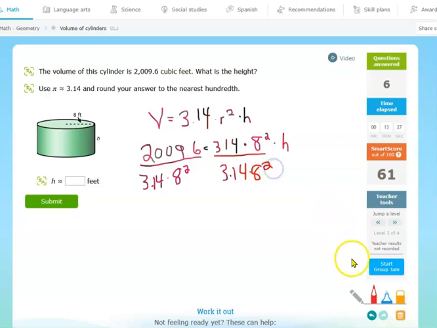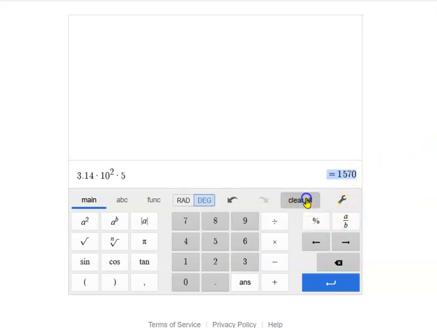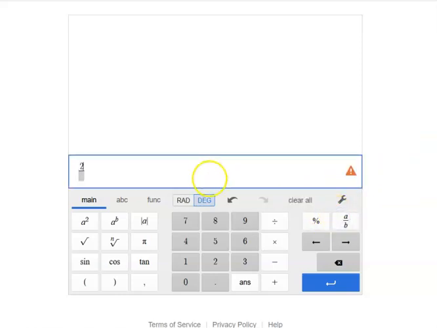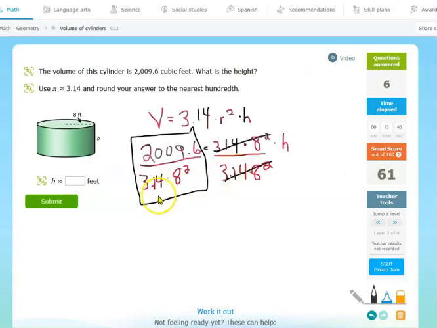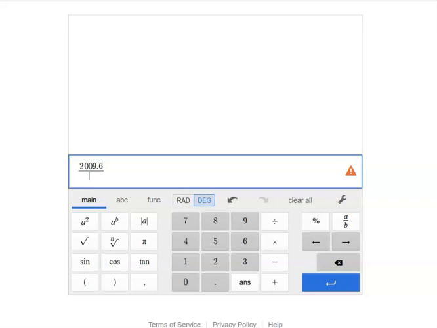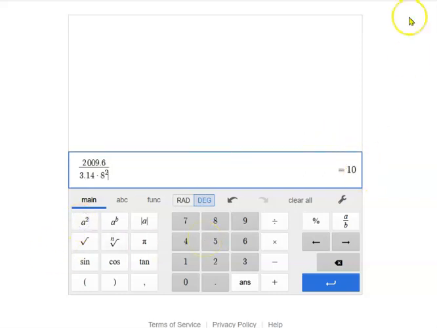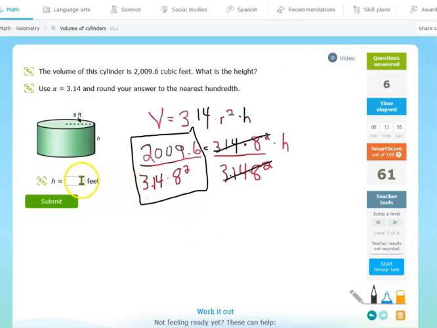And on the right side of the equation, these guys are going to cancel, and we're just going to be left with h. So our answer is going to be whatever this expression is. So 2009.6, there should be a little point right there. That's our numerator. So make the fraction 2009.6 as our numerator. Our denominator is 3.14 times 8 squared. Final answer is 10. All right, we'll hit submit on this one.